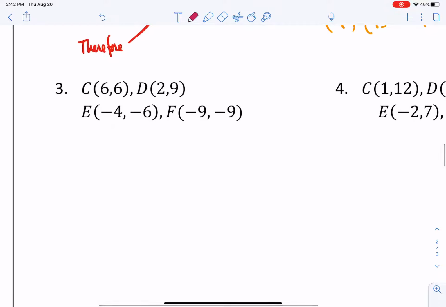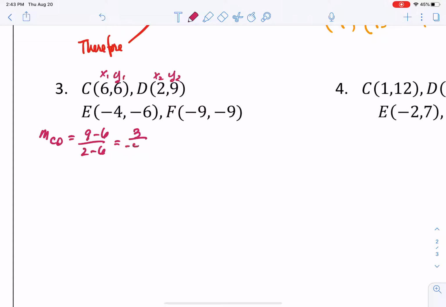So, again, the slope of CD equals x1, y1, x2, y2: 9 minus 6 over 2 minus 6, that's 3 over a negative 4, which is the same as negative 3 over 4.